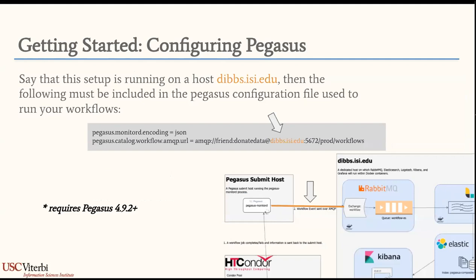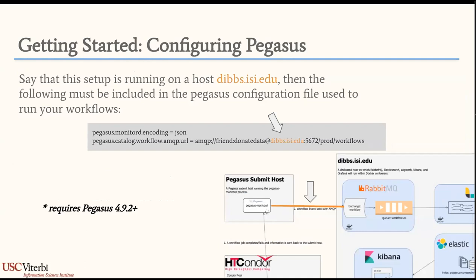So now when you start running workflows, you will need to modify your Pegasus configuration file so that workflow data can be sent to the data collection pipeline. As you can see in this figure, just add the following lines to your pegasus.conf file, and that lets Pegasus Monitord know where to send the data.